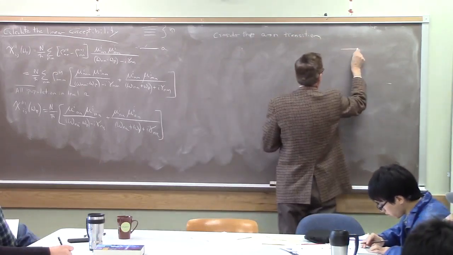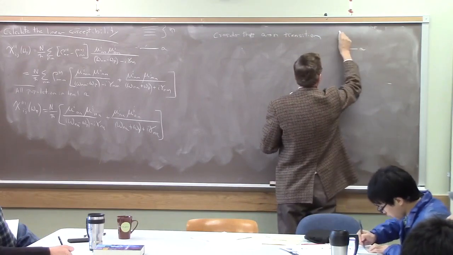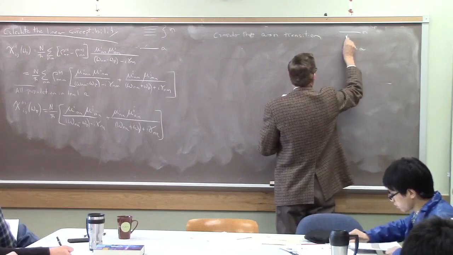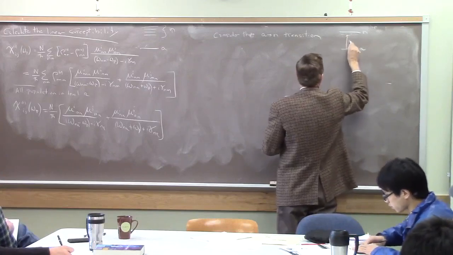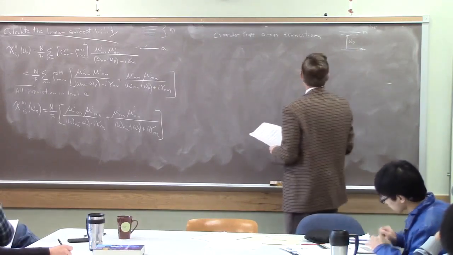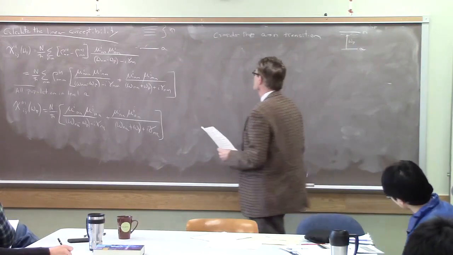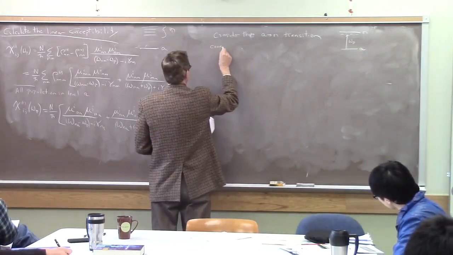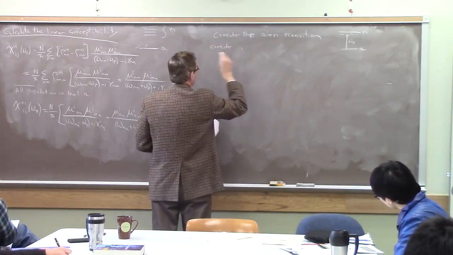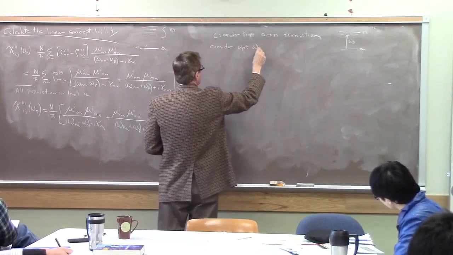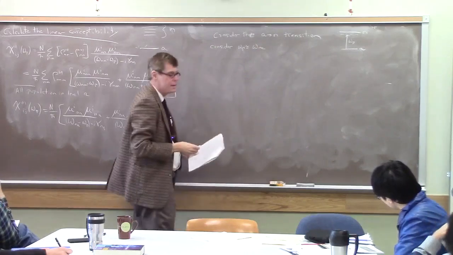So the lower level is here's a particular upper level N, and we apply a laser at frequency omega p. Now let's consider omega p approximately equal to omega NA.